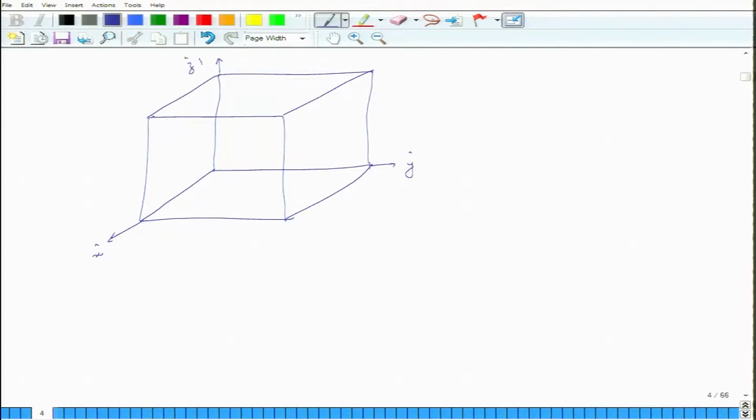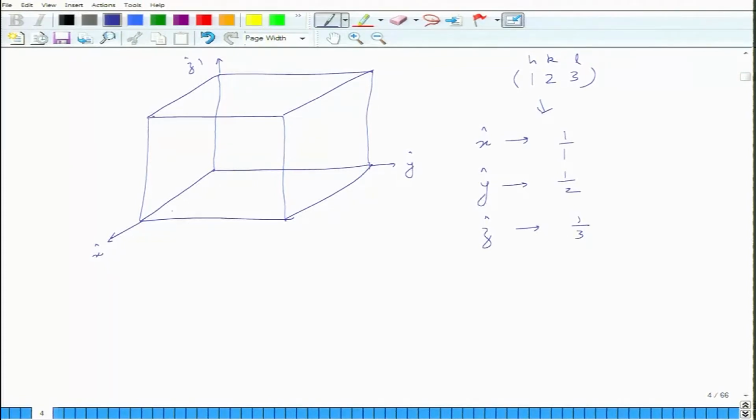Okay. Now, let us say you want to draw a plane which is 1, 2, 3. So, what you do for that is, this is H, this is K, this is L. On the x axis your intercept is 1 over 1, on the y axis your intercept is 1 over 2, on the z axis the intercept is 1 over 3.